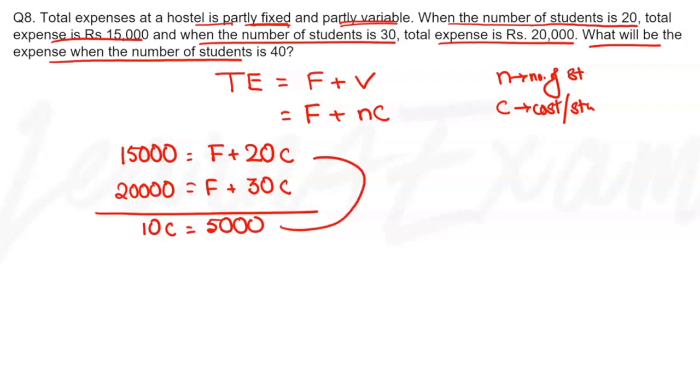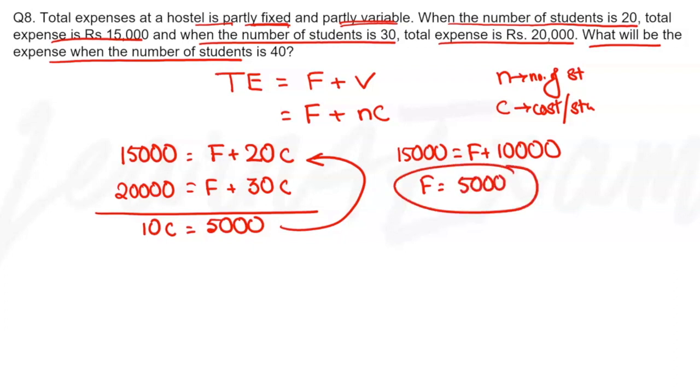Now put the value of 10C in any of these two equations. Let's put it in the first equation. We get 15,000 to be equal to F plus 20C would be 10,000, right? So the value of F would be 5,000. Okay, we have the value of F, we have the value of 10C. What do we need to find out? What will be the total expense when the number of students is equal to 40, right?